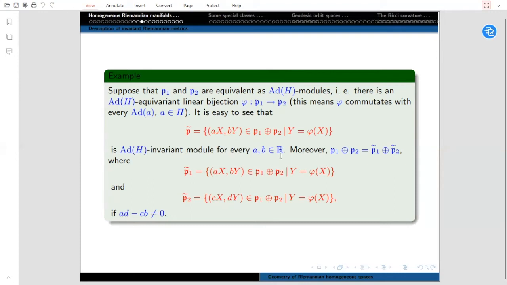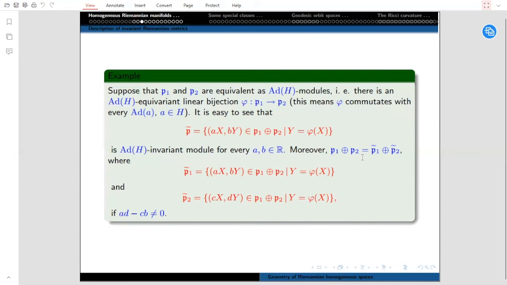Moreover, if we consider these two modules, P1 tilde and P2 tilde, of the above kind, with aX, bY and cX, dY, and ad minus cb is not zero, that is, linear independence between vectors (a,b) and (c,d), then the direct sum of these modules is the same as the direct sum of the original modules P1 and P2.